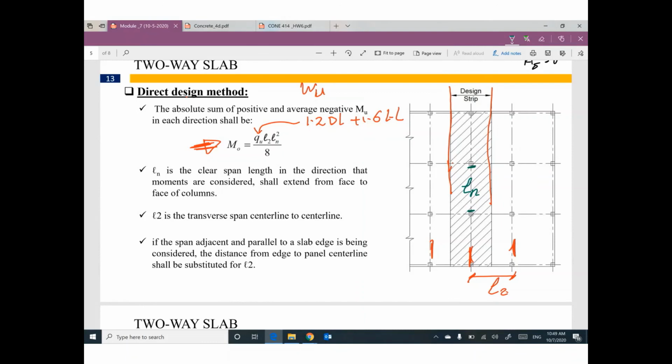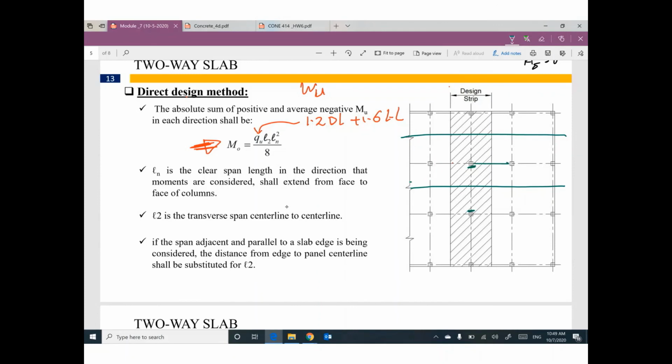So I'm talking about a strip, for example, in the Y direction. If you decide to talk about the X direction, Ln will be from face to face.